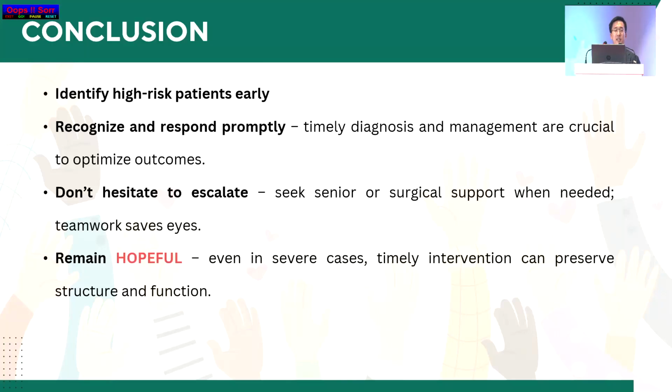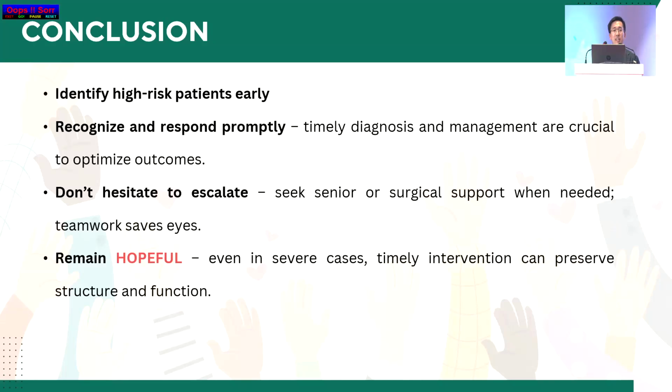So in conclusion, it is important to identify the high-risk patient early because we don't want to actually have the suprachoroidal hemorrhage. It is very important to recognize and respond promptly because timely diagnosis and management are crucial to optimize the outcome. And please do not hesitate to escalate quickly.